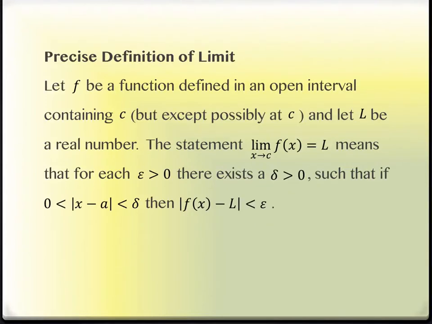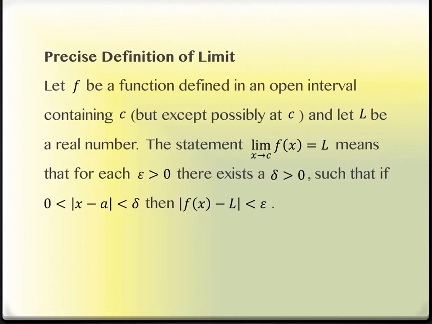So coming into here, we actually have what's called the precise definition of limit. I'm showing you where it came from by the previous work that we did. Let's say that f is a function defined on an interval containing c. It might actually have a hole at c, and that would be okay. That's what it says, except possibly at c. There could be a hole there.